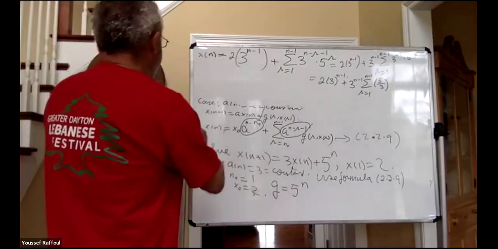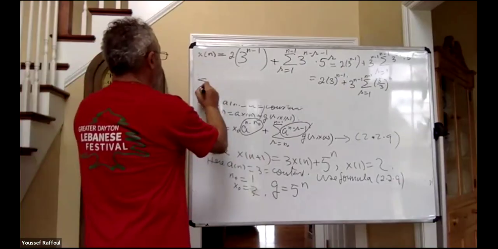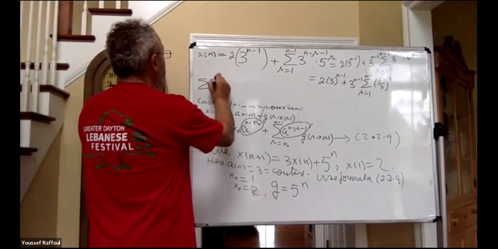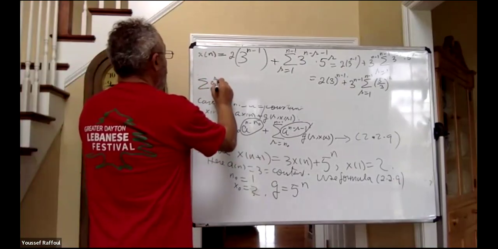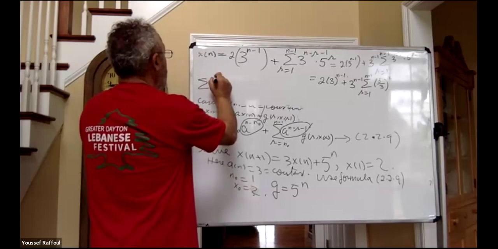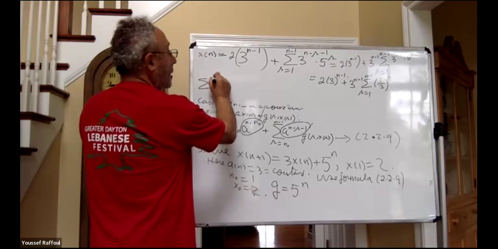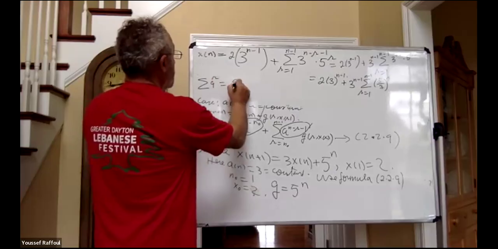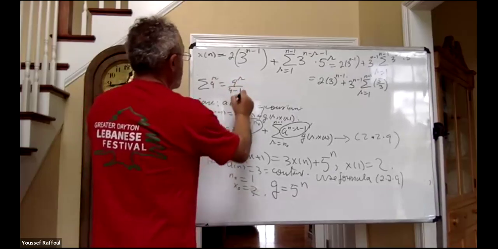Now, do you remember the formula? Do you remember the formula? Q to power n or q to power r, I don't know what you call it. It is a q to the r over q minus 1, remember?